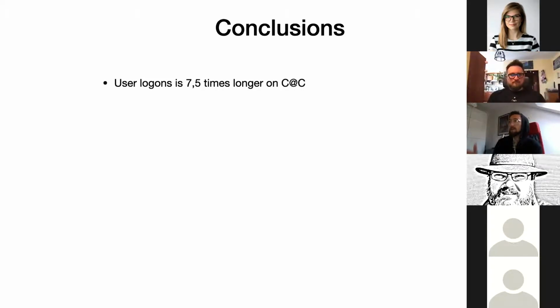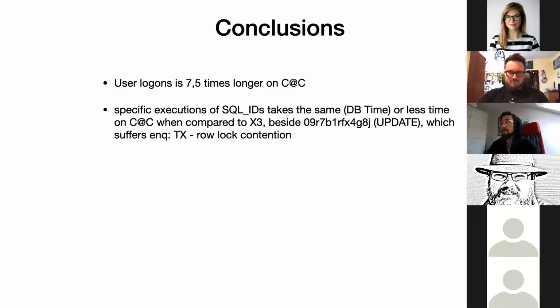It is not the case that the logons on X3 side were not connected with row locks. There was also a lot of row lock contention on X3 side, but it was not as big as on CC. So it transformed into 7.5 times longer logons on CC side.